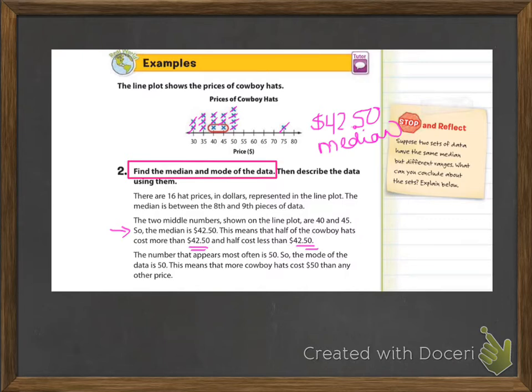Since they already told you to find the median and the mode, you definitely want to put that information in there, and then tell me what it means, like what's the lower half, what's the upper half, and so forth. Now there is an outlier. I would indicate that there is one hat that does cost $75, which happens to be the outlier of our data set.